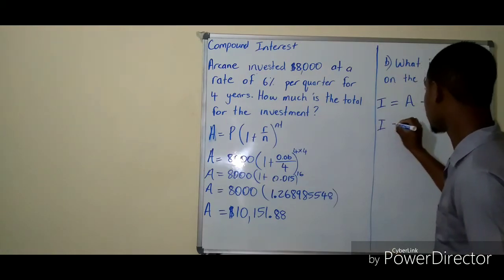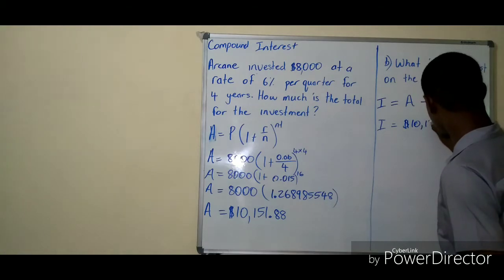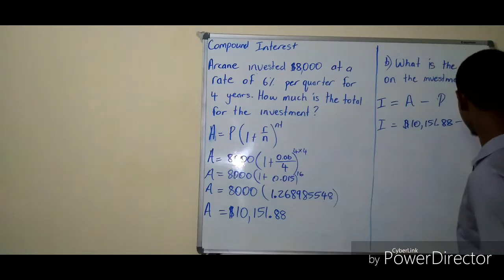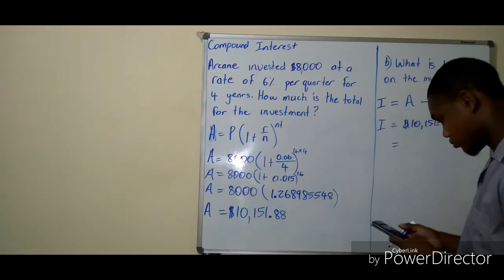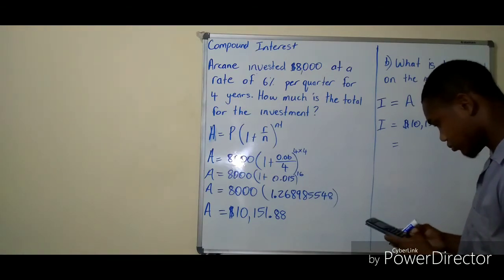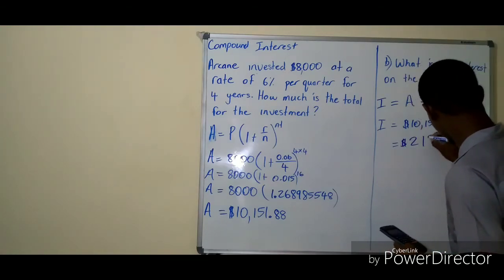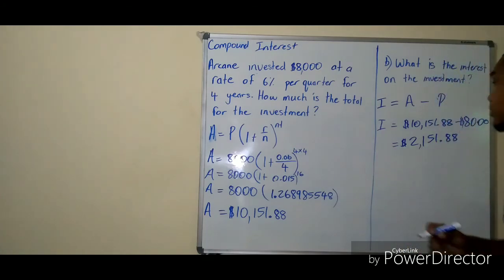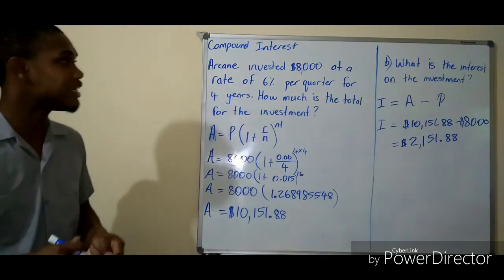So I is equal to the amount, which is 10,151.88, minus the investment, which is 8,000, which is equal to $2,151.88. So now you realize that this is the entire method for calculating compound interest.